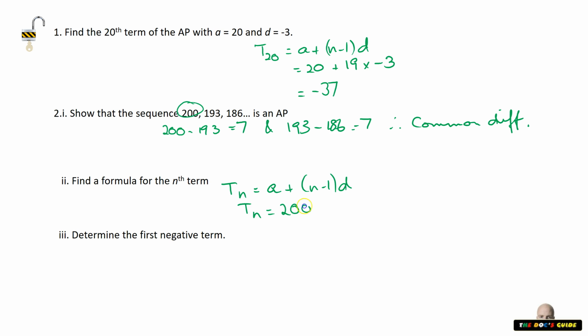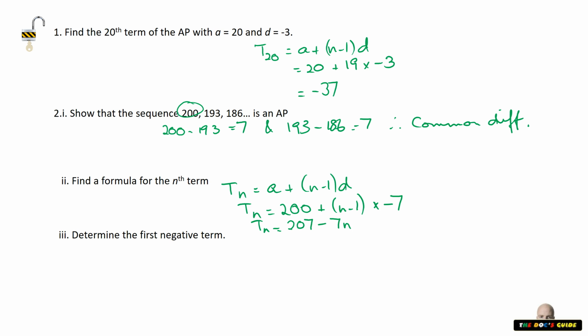It's fine for it to be a bigger one, plus n minus 1 times our common difference, and our common difference is minus 7 because we're going down by 7. So now we simply expand that out. 200 minus 7n plus 7 will be 207 minus 7n. So that's our formula for the nth term.